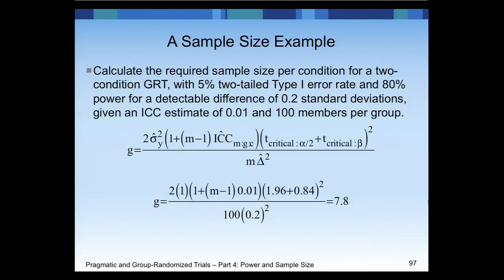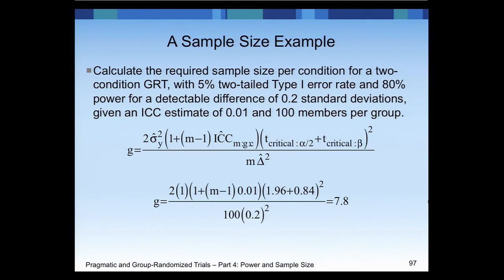If we want to apply this in the context of a group randomized trial, one of the things that we're going to discover is that it's an iterative calculation. That's because the number of members per group determines the critical values, and the number of members per group appears in the numerator and the denominator, and the value that we get for G may change from one calculation to the next as we move through the iterations.